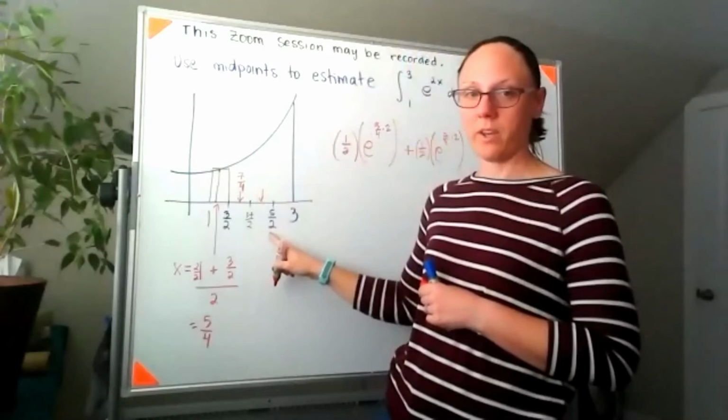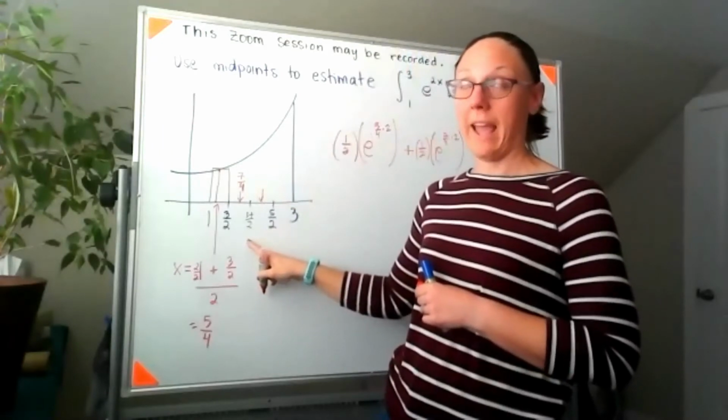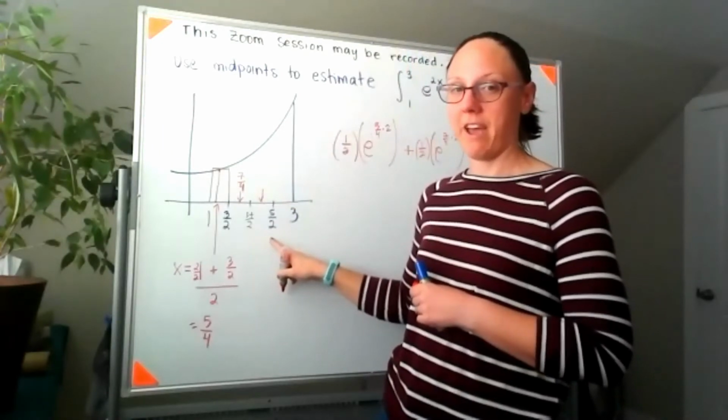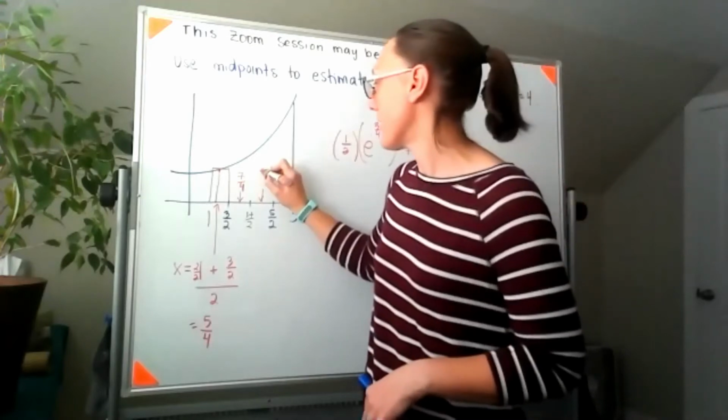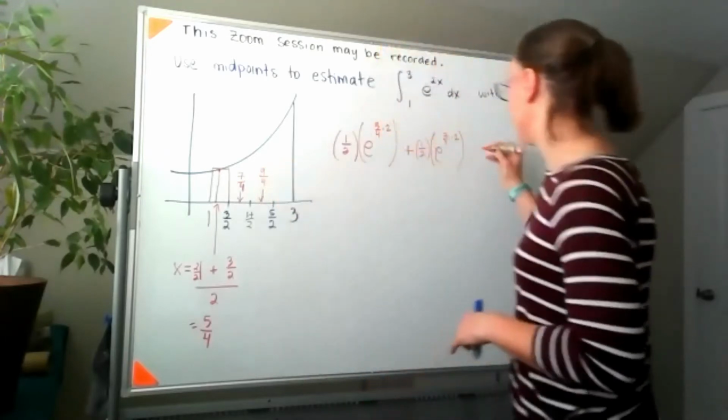My next midpoint, if I'm halfway between 4/2 and 5/2, I add them up, so I get 9/2 and then divide by 2. So 9/4.